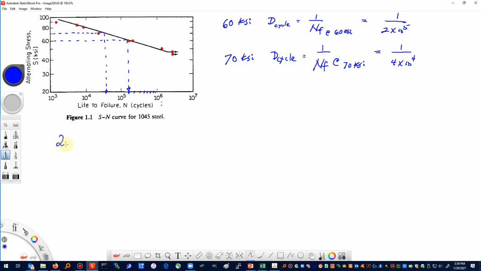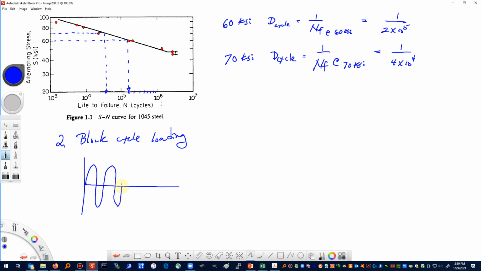Let's look at a case that I call block cycle loading. It's a special case of variable amplitude loading, and let's say we have 2 cycles at plus or minus 70 KSI.